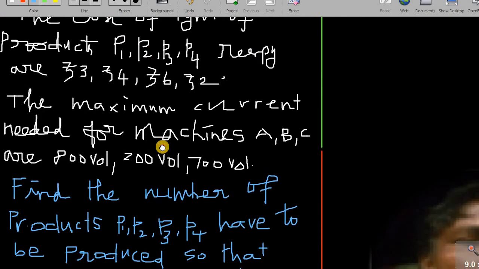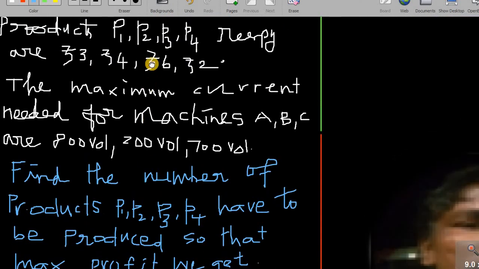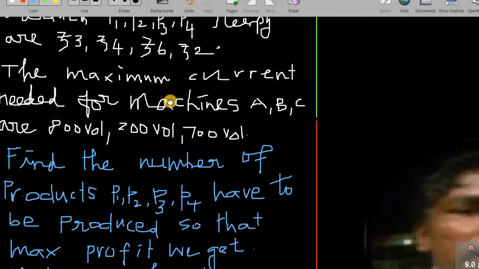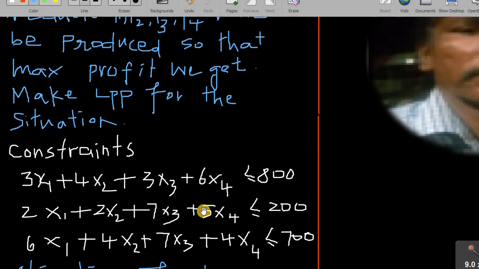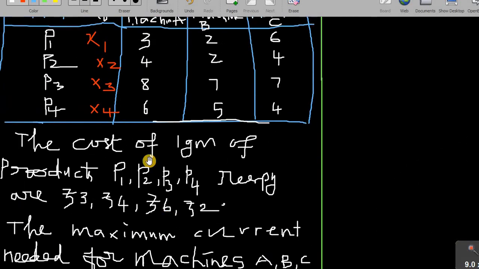Okay, so that is one of the constraints here. 3 into x1 plus 4 into x2 plus 8 into x3 plus 6 into x4 must be less than or equal to 800. Sorry, this is not 8. We can take that as a 6, not an 8.